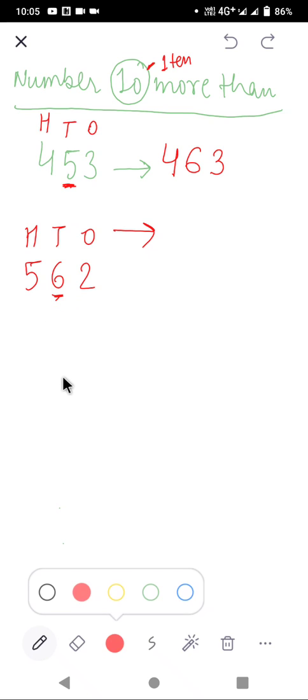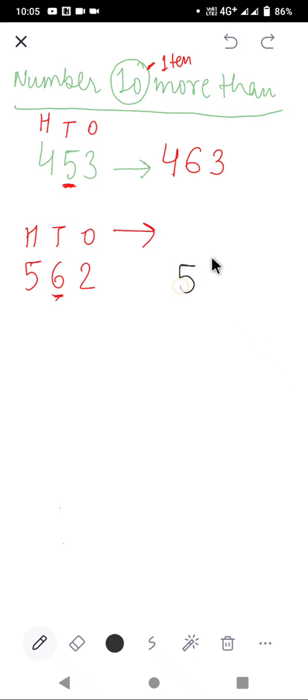The hundreds place digit and ones place digit will be the same. Only the tens place digit will change. We just have to add 1: 6 plus 1 is equal to 7. So only the tens place digit will change when we need to find out 10 more than.